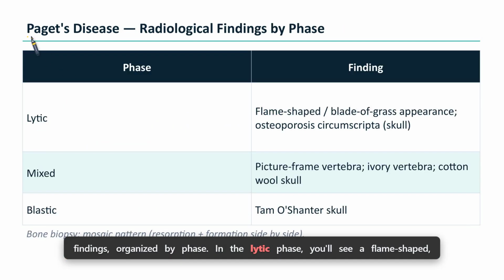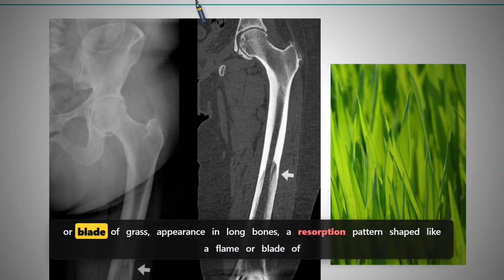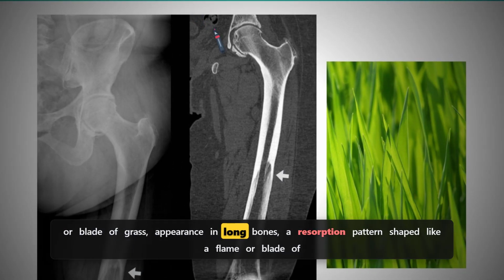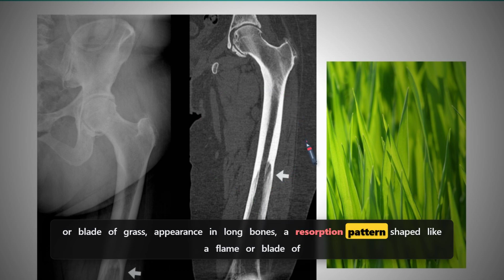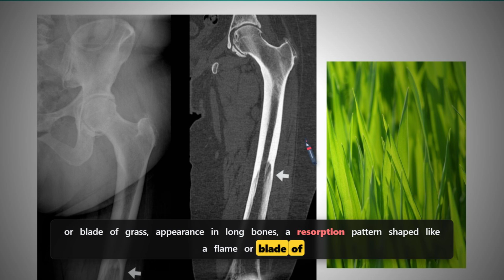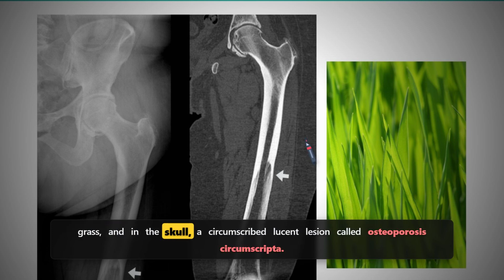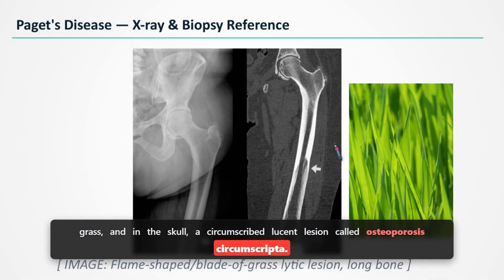Let's go through the radiological findings, organized by phase. In the lytic phase, you'll see a flame-shaped, or blade of grass, appearance in long bones, a resorption pattern shaped like a flame or blade of grass, and in the skull, a circumscribed lucent lesion called osteoporosis circumscripta.